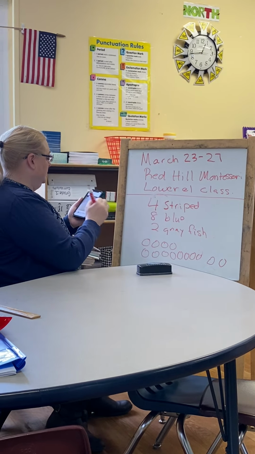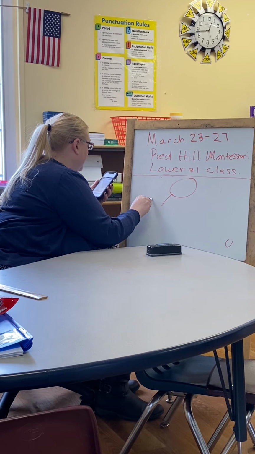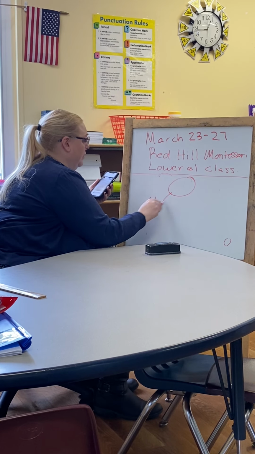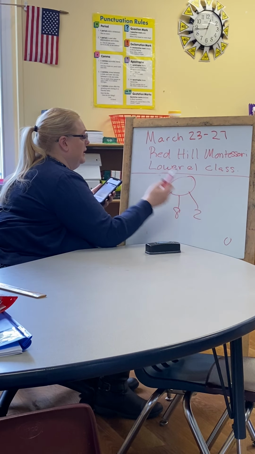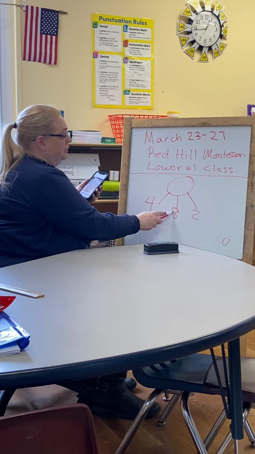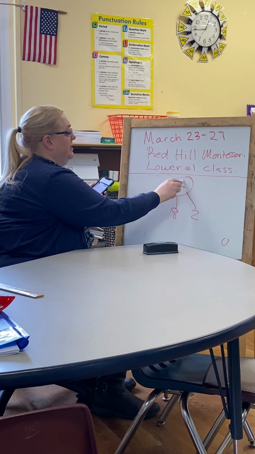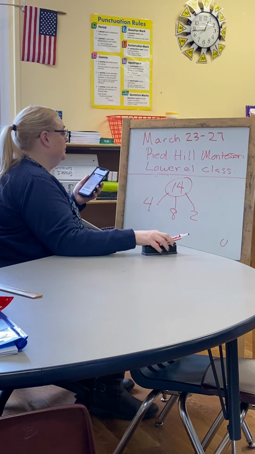Or we could do the other option, which is to put the diagram like this, and we could put 4, 8, and 2, and we know that 4 plus 8 is 12, plus 2 more is 14, so we can put that in our bubble.